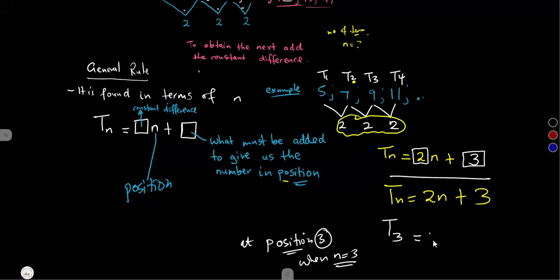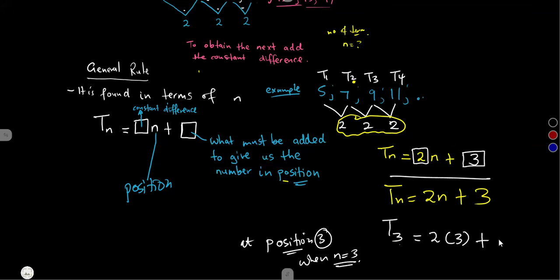So if we say T3, it means here is going to be 2n. Our n is 3. We place that 3 there in place of n, because we are saying third position, n is 3.